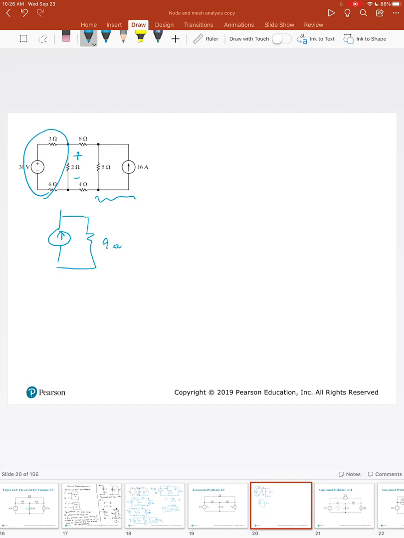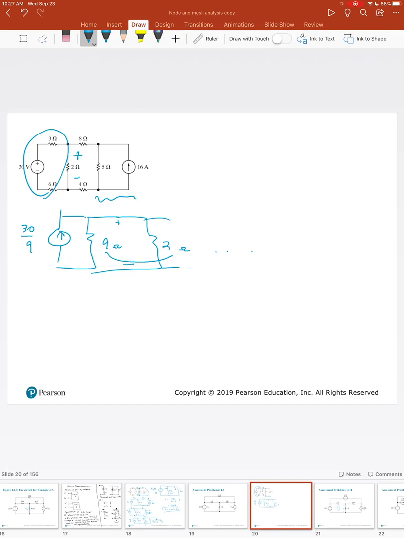So if I had done that, I would have this, and then I would have 2 ohms and the rest of the circuit. And I could have done that, but it doesn't really buy me anything, because I don't want to combine these two in parallel. I would get the same voltage because it is a single node.